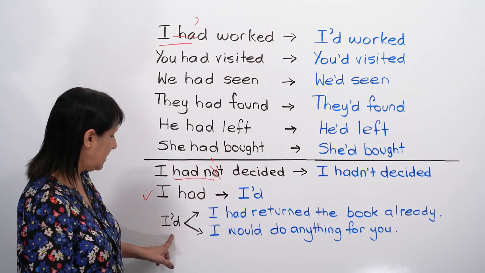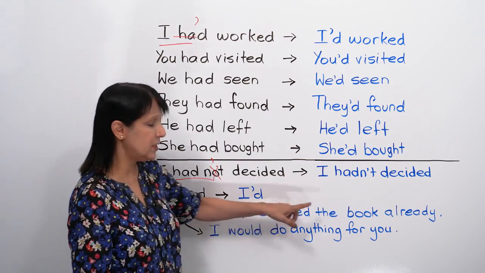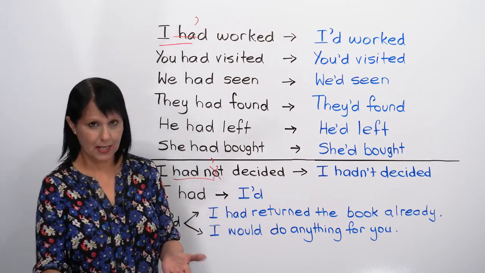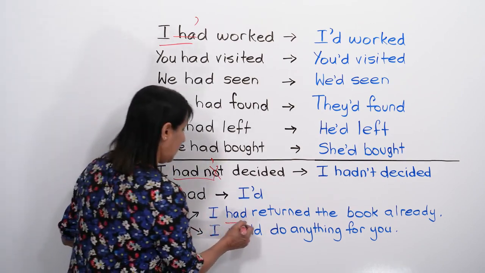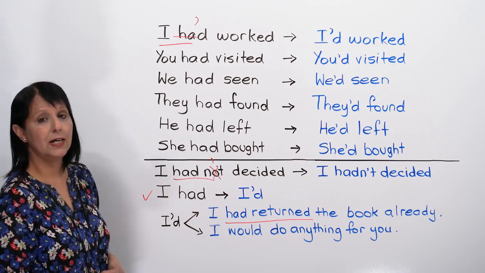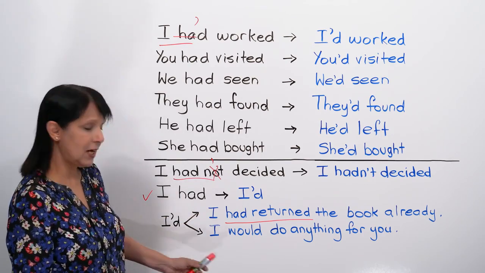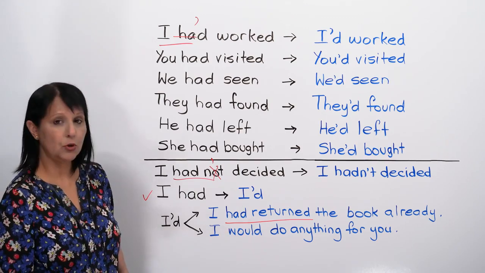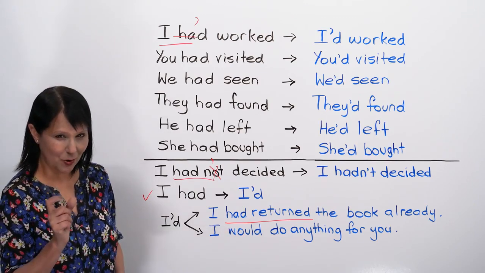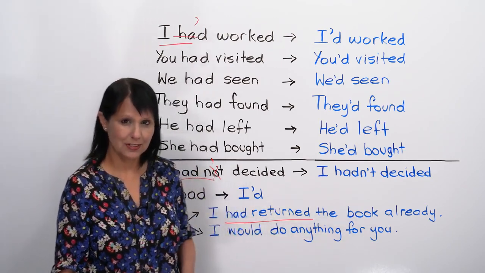So here, I'd could mean I had returned the book already. That's our regular past perfect, right? Had returned. So here, if they said I'd, it would mean I had. But if we used I'd here, it could also be short for I would do anything for you.